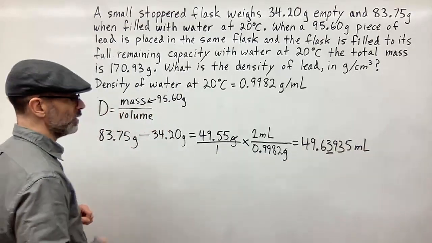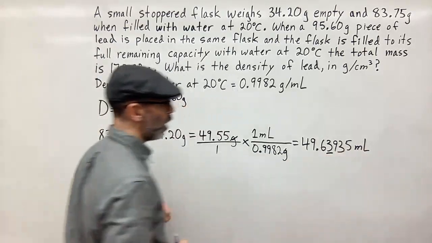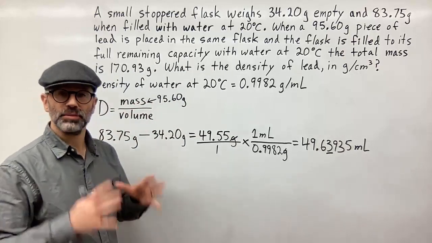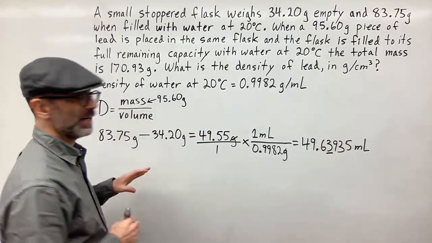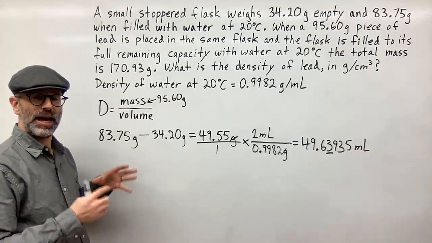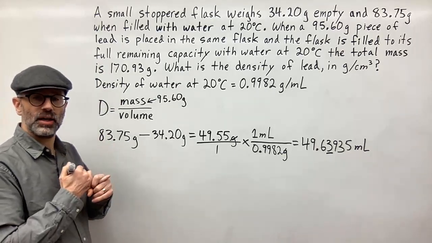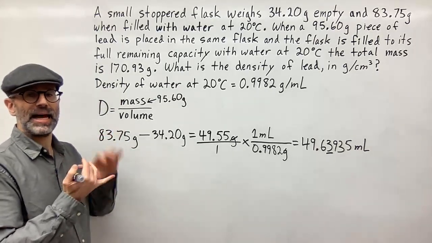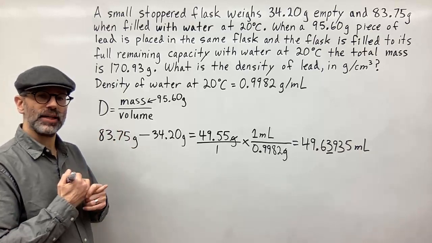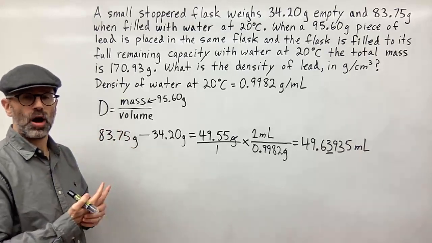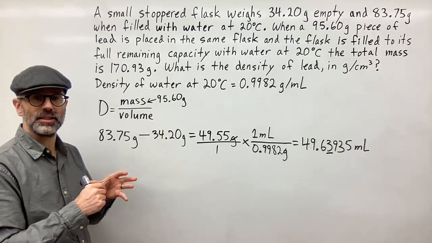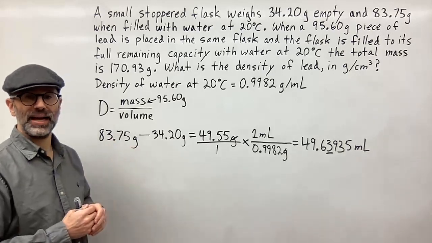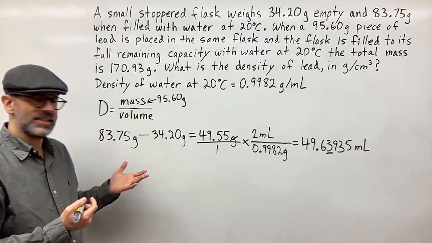Okay, so now I have the volume of the empty flask. So now I take the flask that's filled with the lead and the water, and I want to calculate the volume of the water that's occupying the flask along with the lead. So you do the exact same calculation.